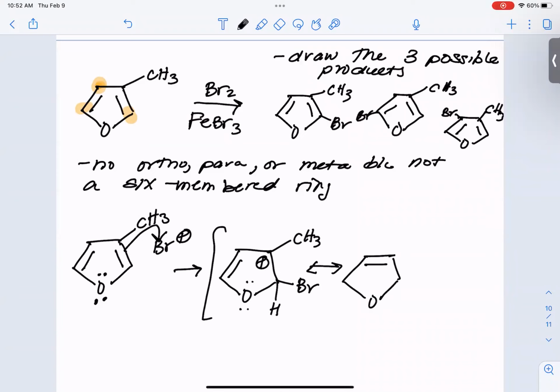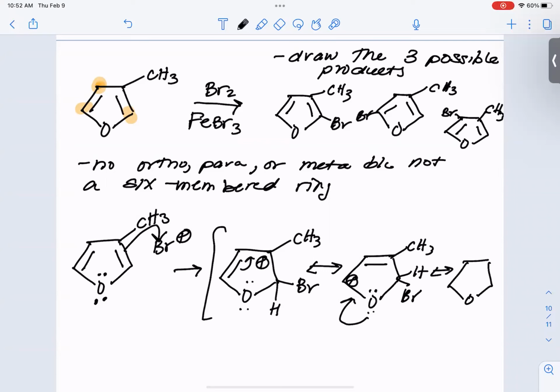Those pi electrons can move over, and then there's my positive charge. I have one more resonance structure, the lone pair. And now the oxygen would be positively charged.